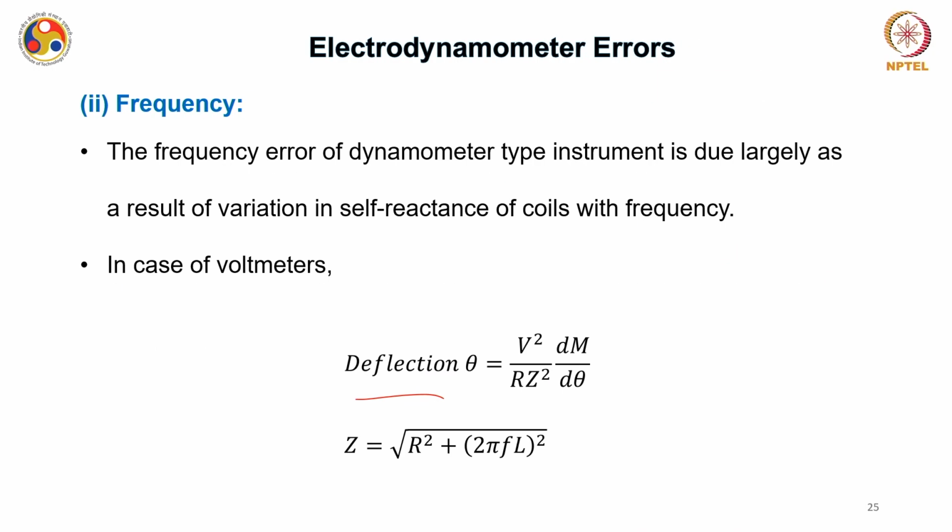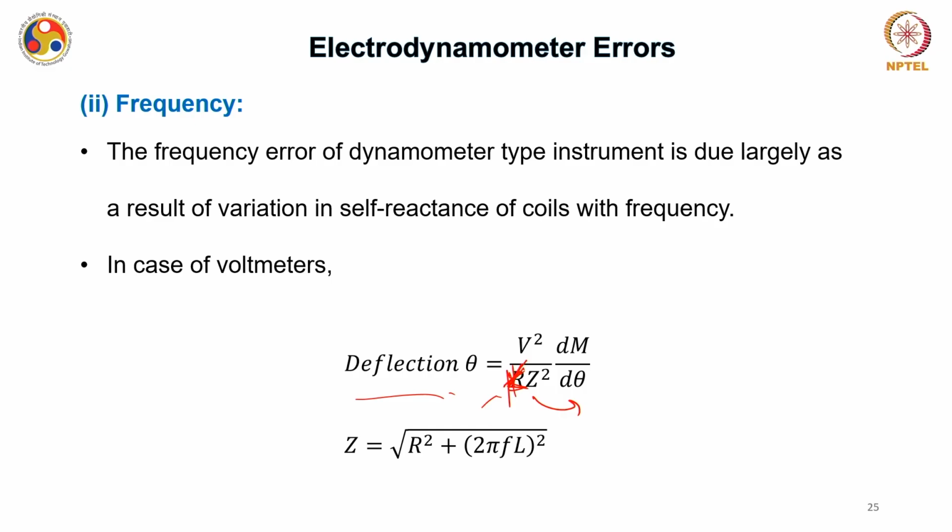So if I recall equation G, the deflection in the case of a voltmeter was V square by Z square and K into dM by d theta. And this Z is the impedance, and K is the spring constant.